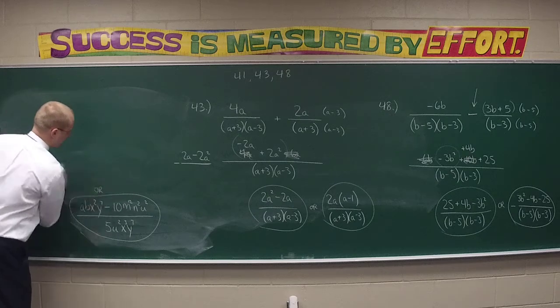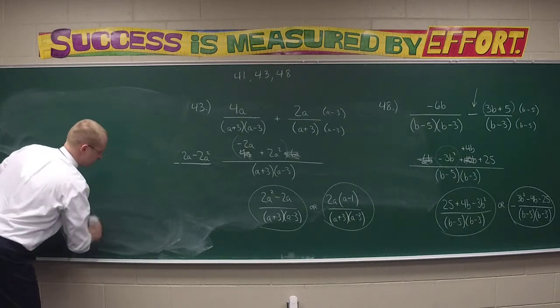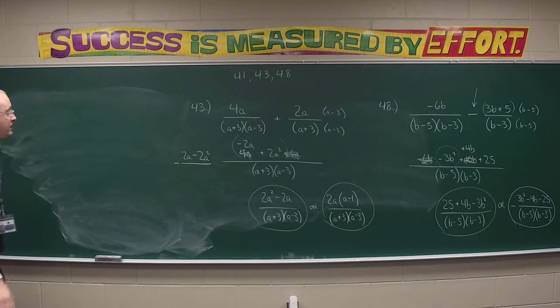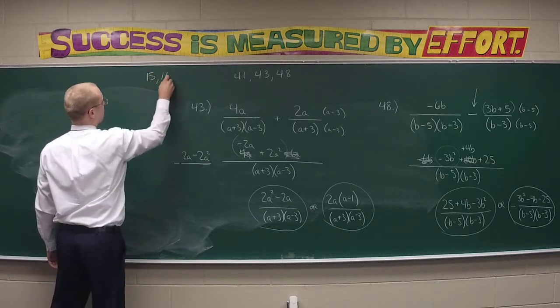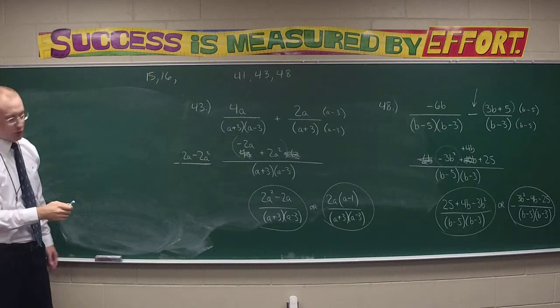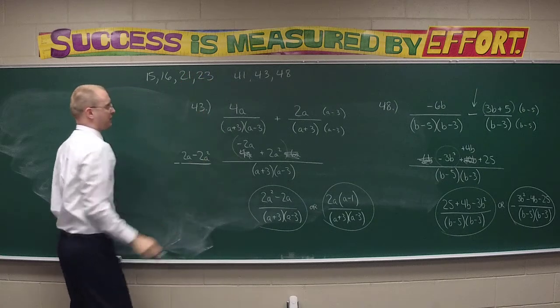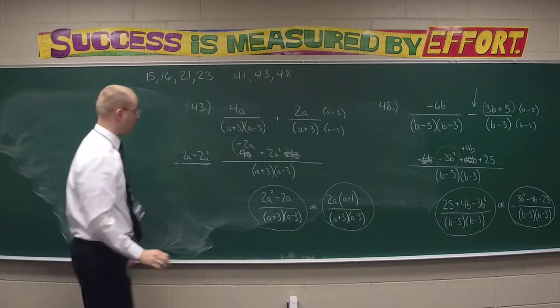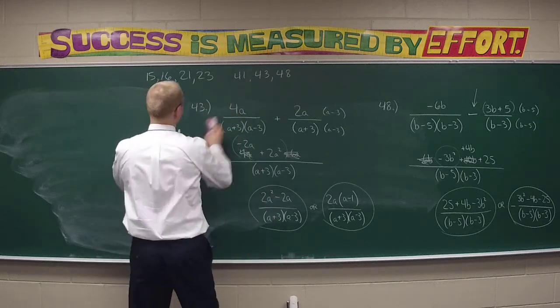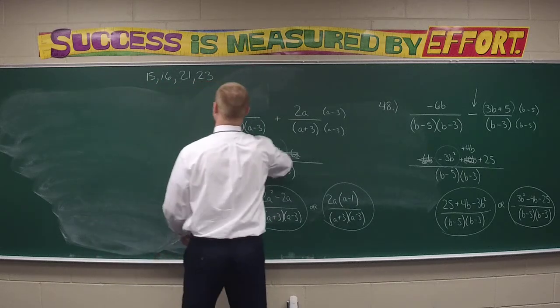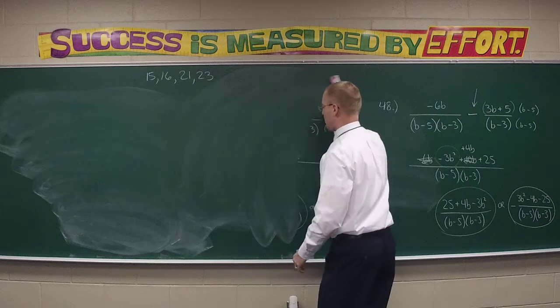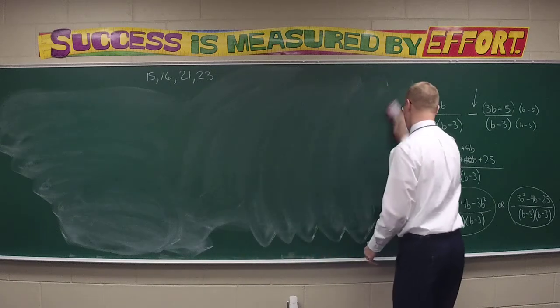At the top of the page, there's a couple of fractions I just want you to reduce, and that's 15 and 16. They're on page 56 at the top. And then also 21 through 24. Let's start with 21 and 23 for now. We'll see if we have time to get 22 and 24 in there. Let's at least start with these four, practicing with reducing, practicing with adding fractions.